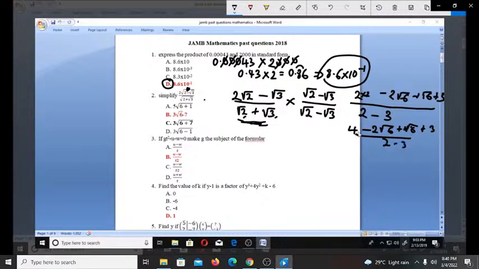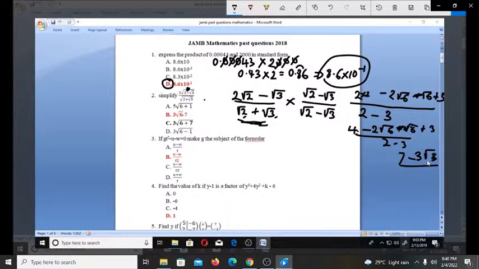So 4 plus 3 is going to give us 7, and minus 2 root 6 plus 1 root 6 is going to give us minus 1 root 6. So minus 2 plus 1 is minus 1.